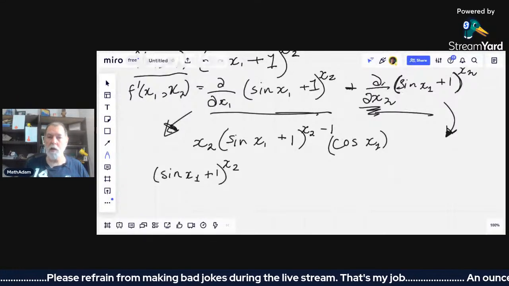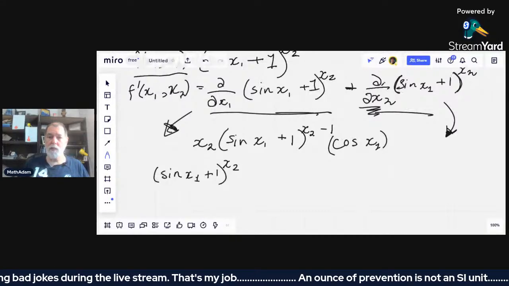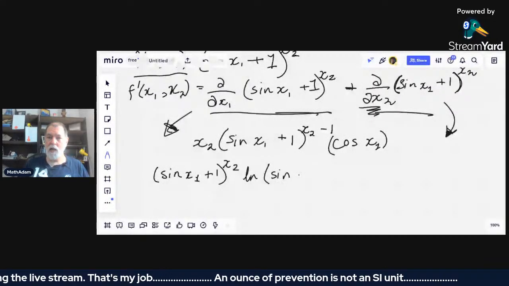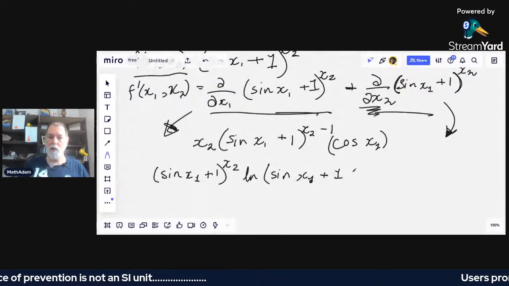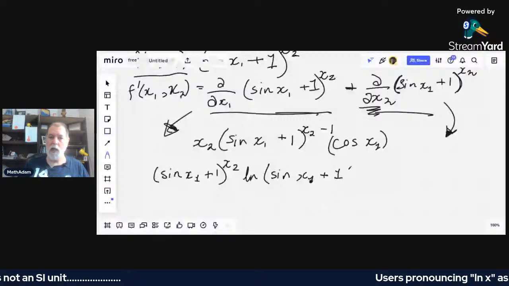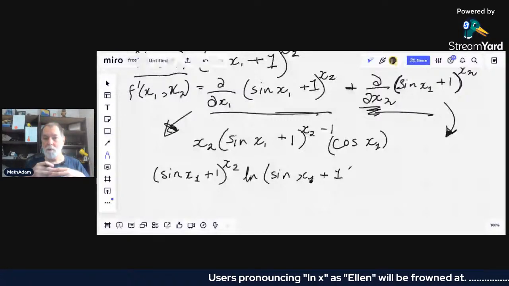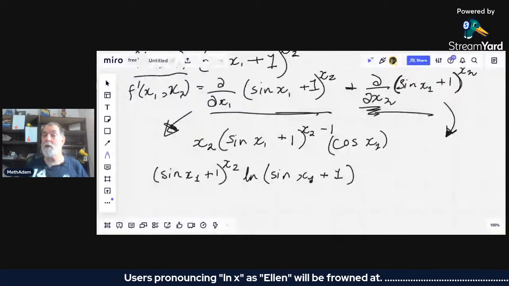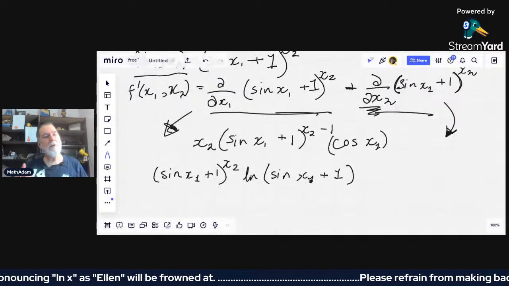So it's going to be log of sine x1 plus 1.